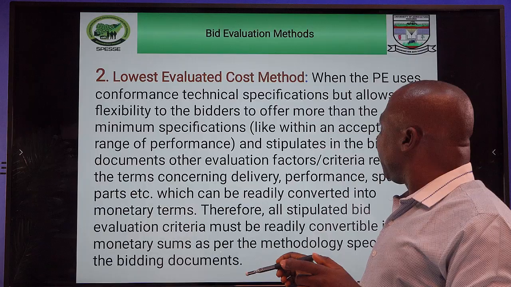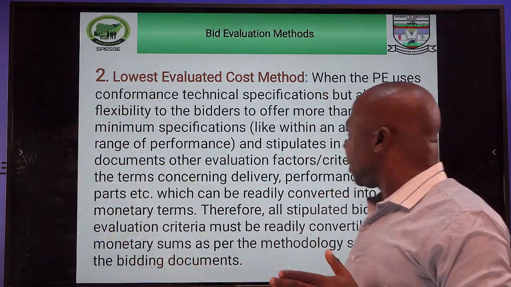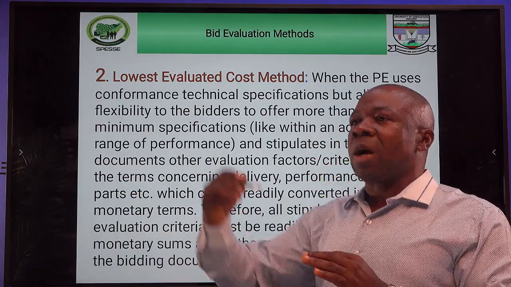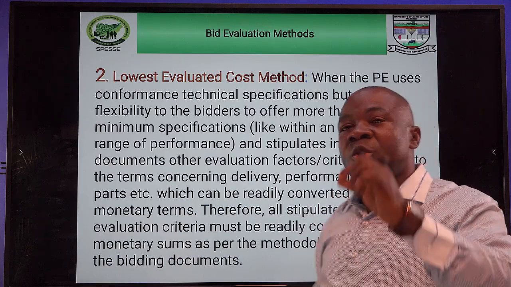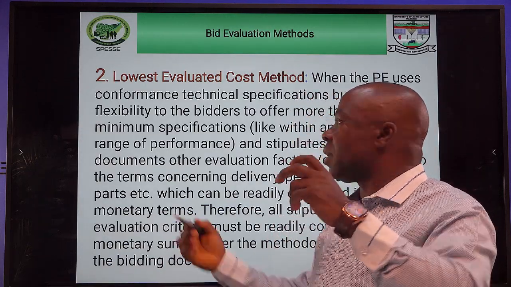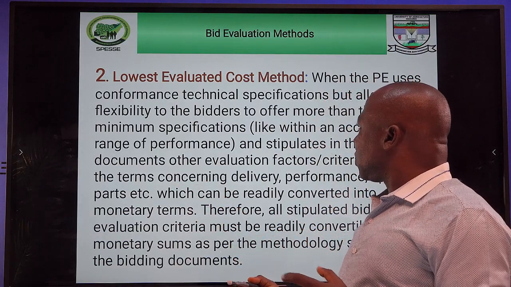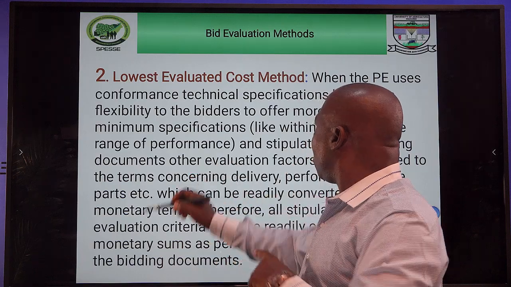Where, again, they give a range of technical specifications that can be met, meaning that if the minimum is given, you could meet above, and that will be rewarded, you use the lowest evaluated cost method, because you now evaluate each of the presentations that are made before you. So at the end of the day, you come with the one that will give best value for money.